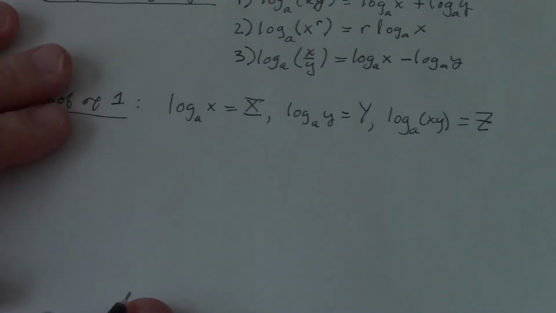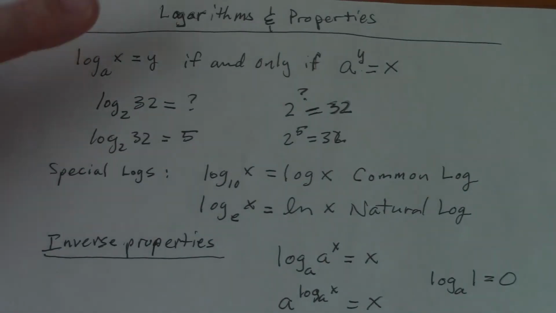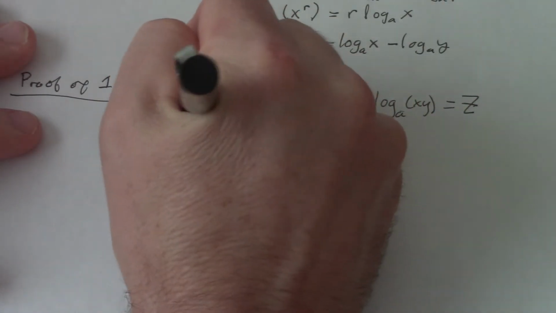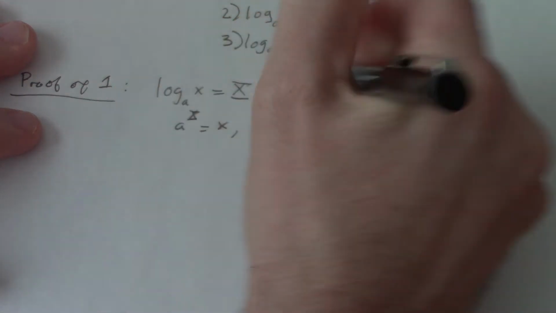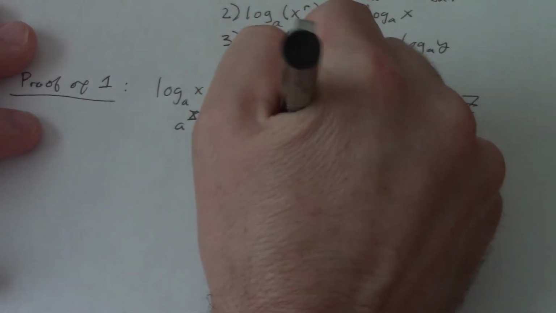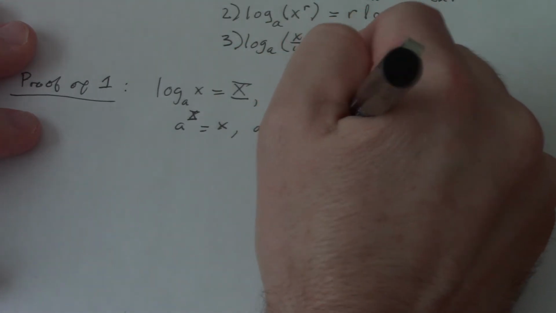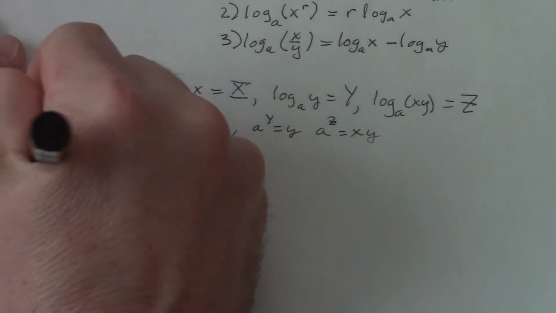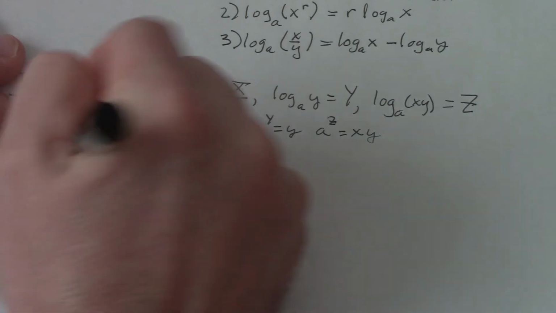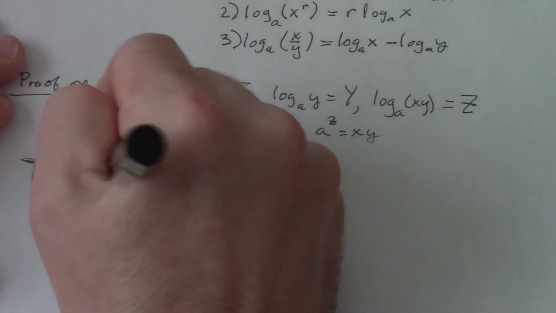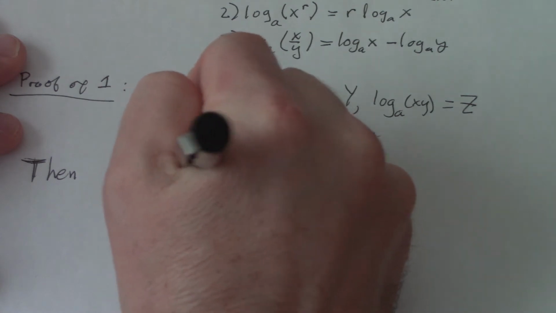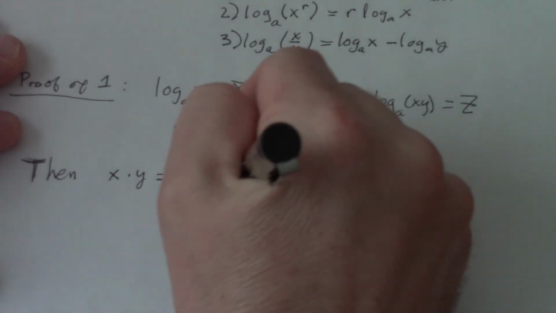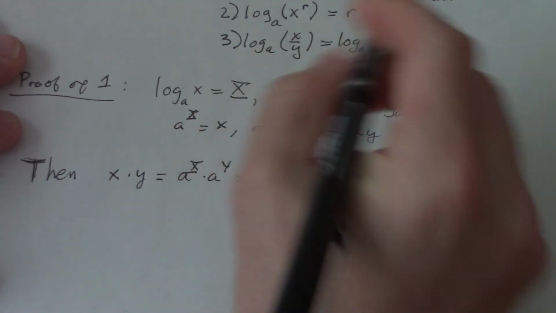Why would I do that? We use how log is defined and rewrite that in exponential form. So a to the capital X is little x, a to the capital Y is little y, and a to the capital Z would be xy. Then x times y would be a to the X times a to the Y, but also x times y is a to the Z, because we made that assumption.